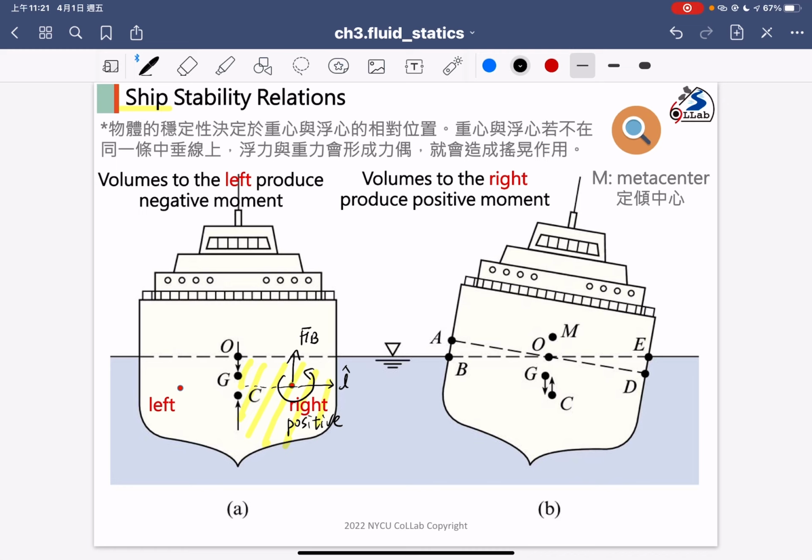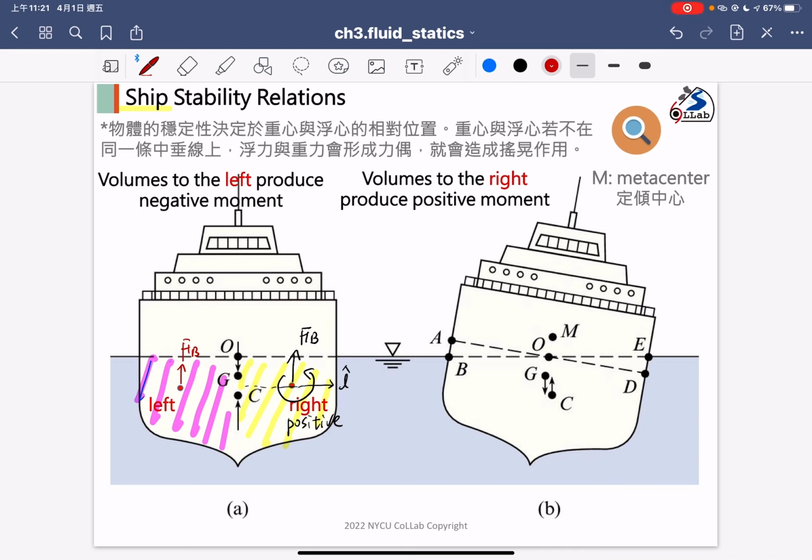And then if I go back to the left-hand side here, this is our left-hand side area. Again, we still have the upward force related to the buoyant force.